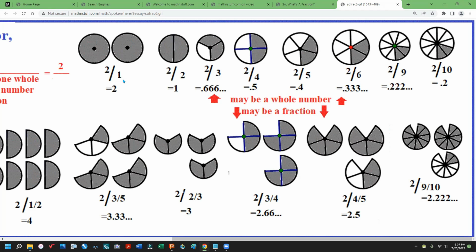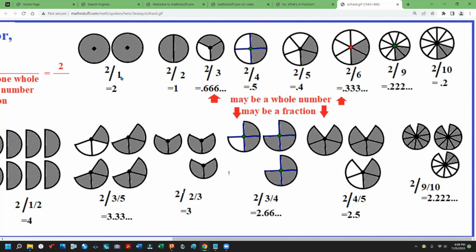Now we want to get even smaller sized pieces than 1. We want to increase the denominator. So now we're going to divide. Here's 9/10.